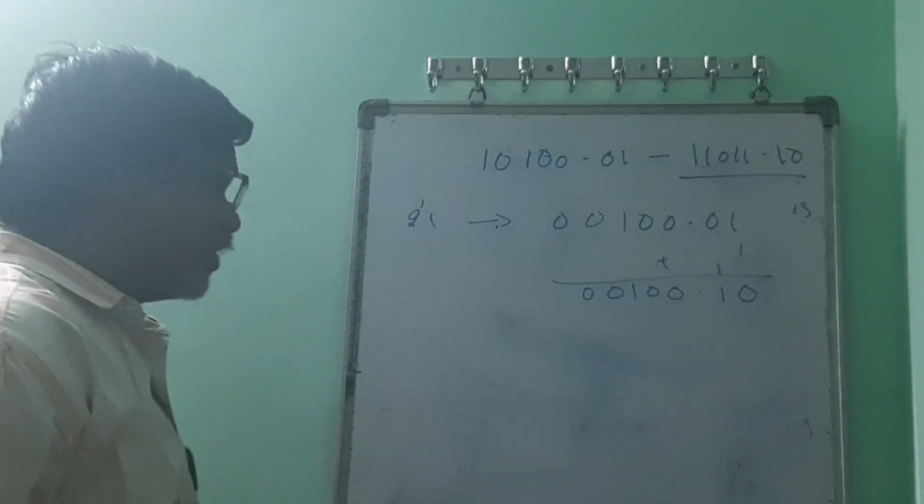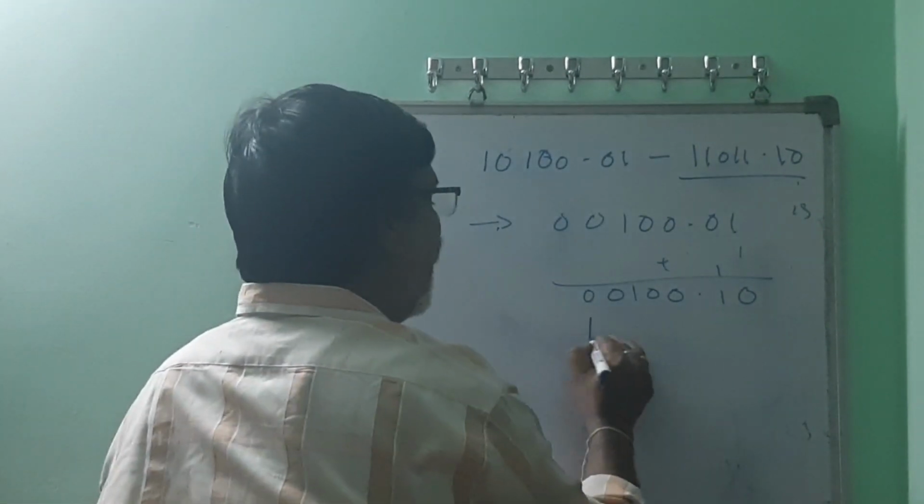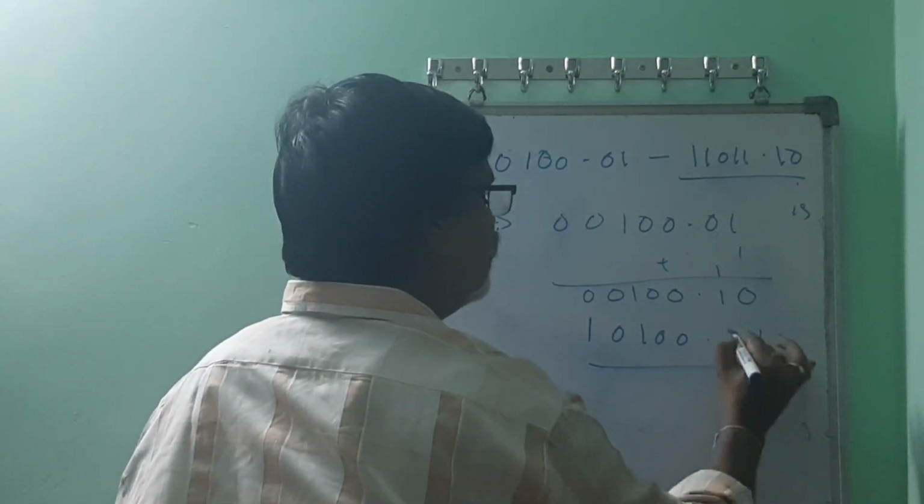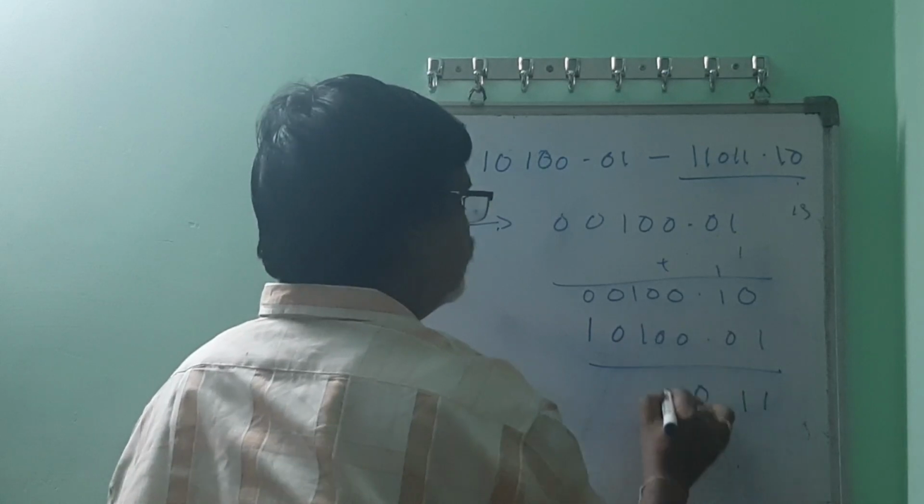This is the 2's complement of the second number, and you have to add the first number to it.